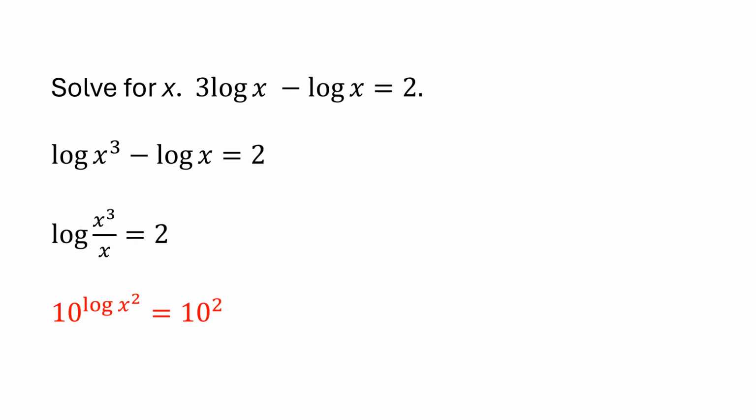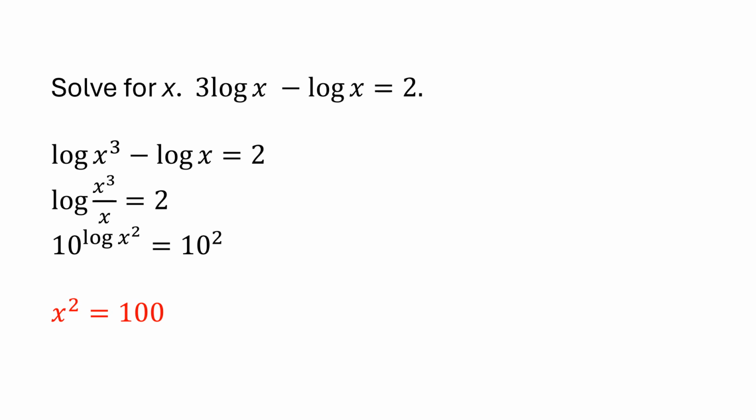And we just combine exponents, and then we make this the power of the base. 10 to the log x squared equals 10 squared. If we're going to make the log x squared an exponent of 10, we have to make the other side, the 2, an exponent of 10.